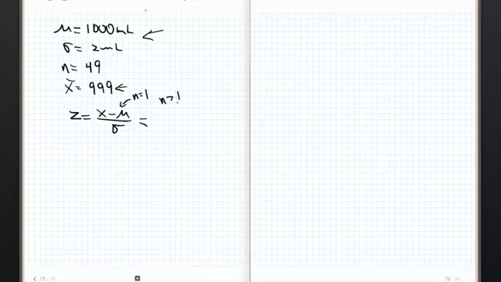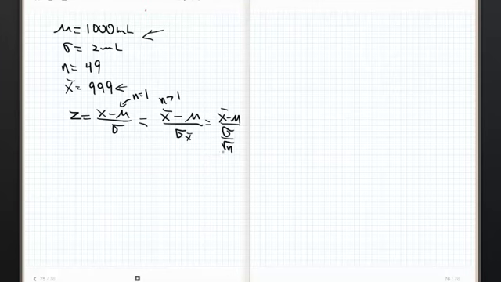If n is greater than 1, it's x bar, the average, minus mu, divided by, now remember this, the standard error of the means, which we actually know as x bar minus mu over the original population standard deviation divided by the square root of n.